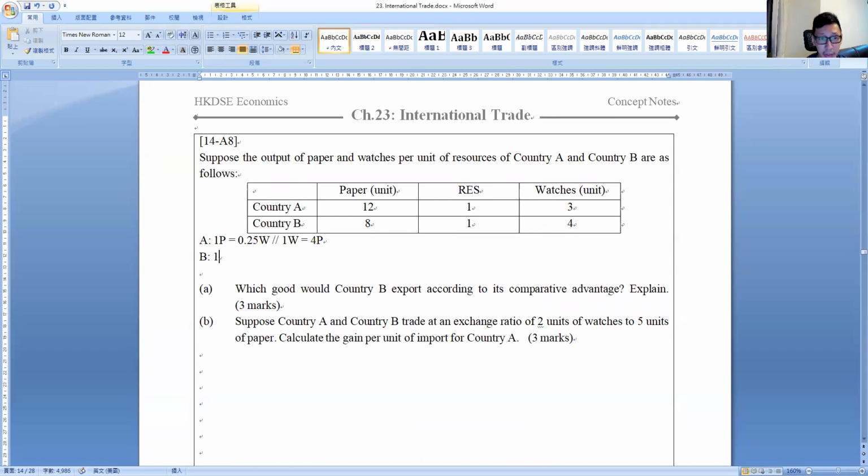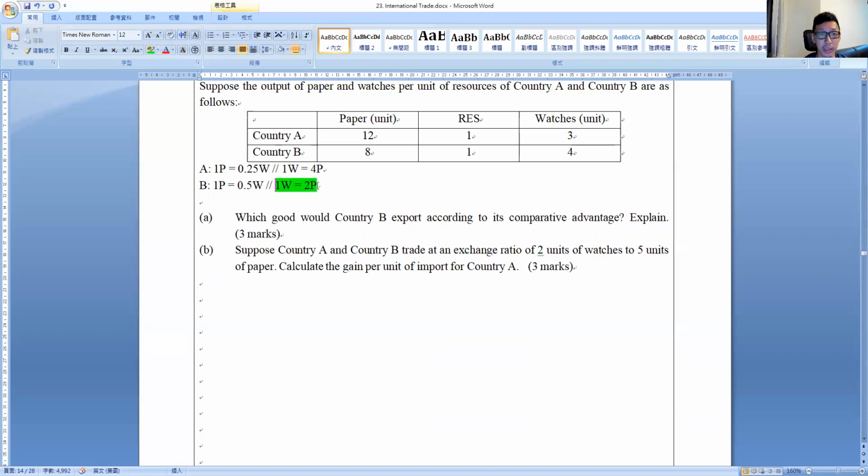For country B, 1P equals 0.5 watch, or 1 watch equals 2P. Right? So immediately, we know that country B should export a watch because of comparative advantage, right?